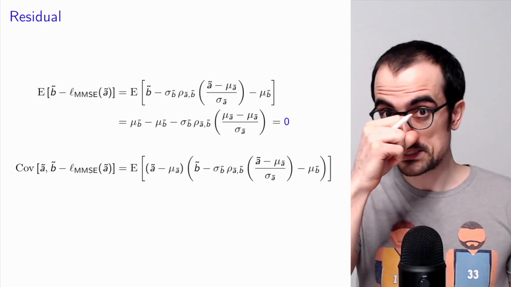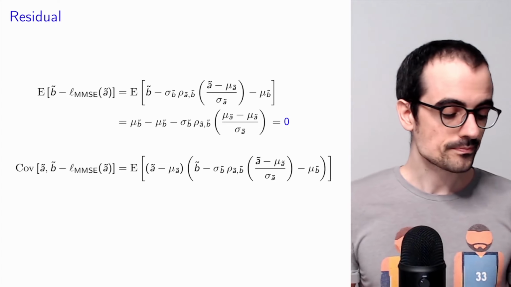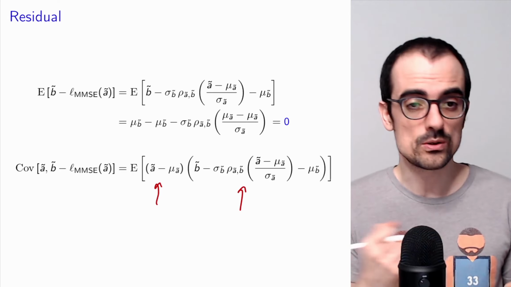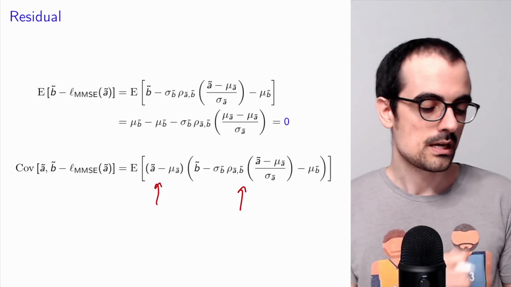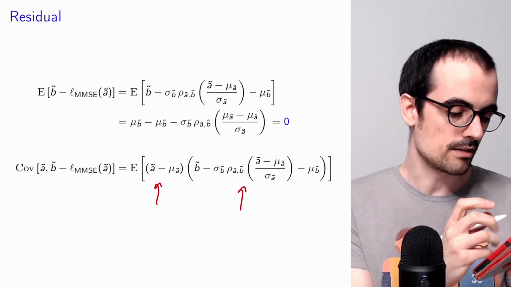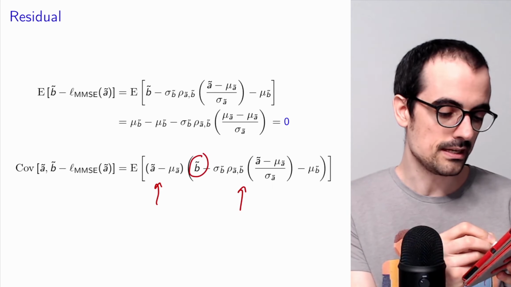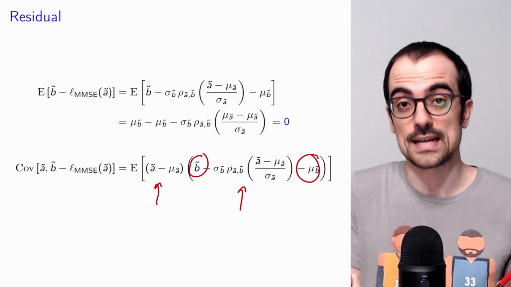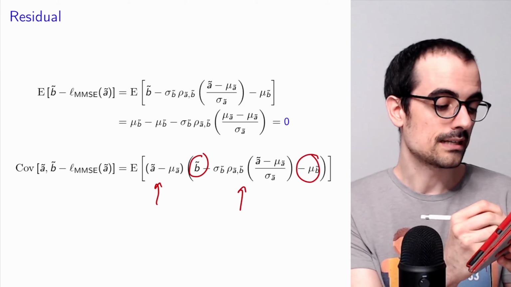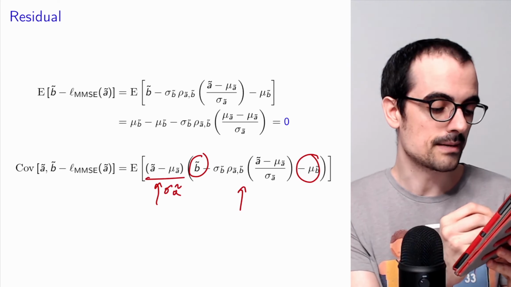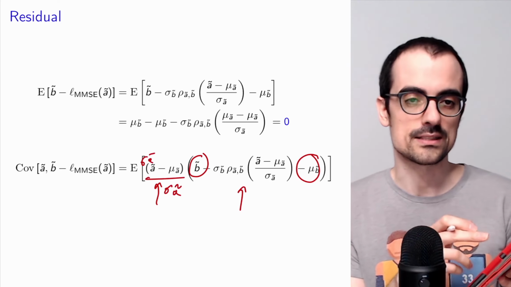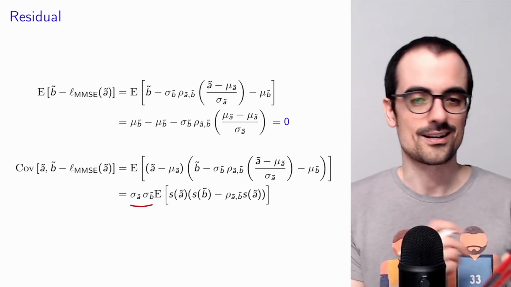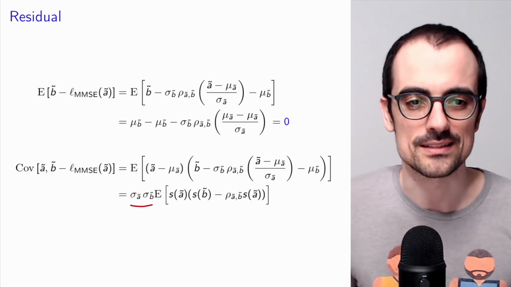Now let's take a look at the covariance between A and the residual. So we have A minus its mean, the residual minus its mean, which is 0, expected value of that product. And now, actually here maybe let's take a look. We can group B and minus mu B and divide and multiply by the standard deviation to get the standardized version of B. And here we can also divide and multiply by the standard deviation of A to get the standardized version of A. Okay, so we have these two factors coming from the fact that we're multiplying and dividing by those standard deviations.